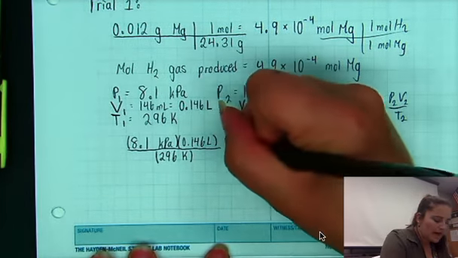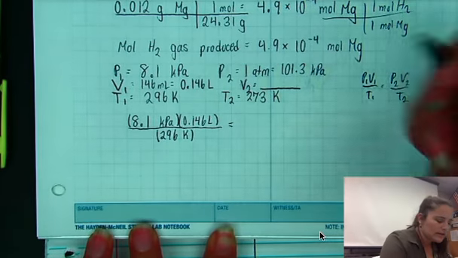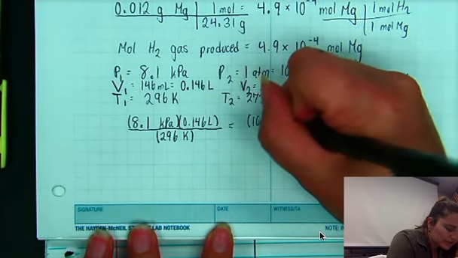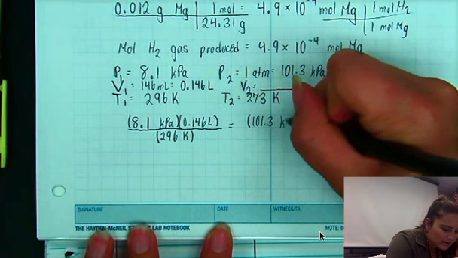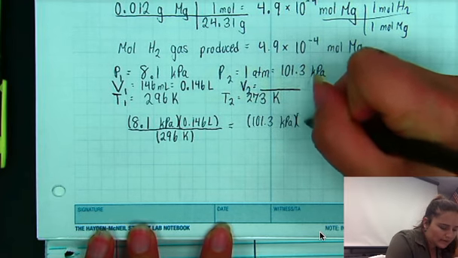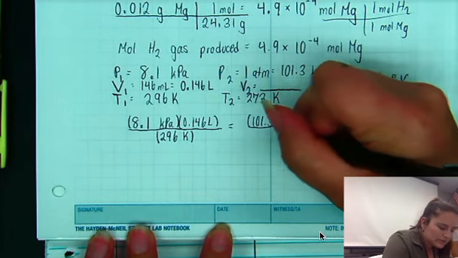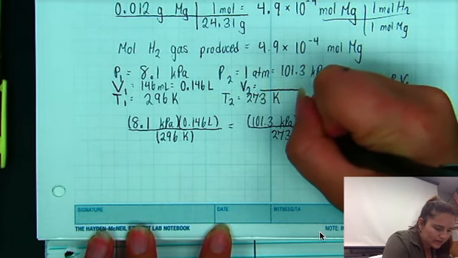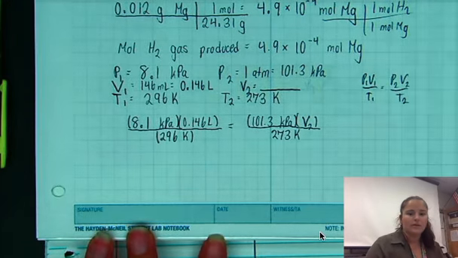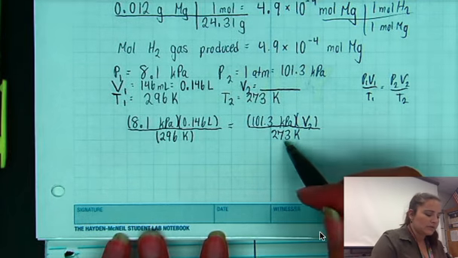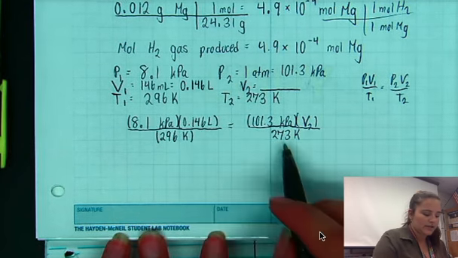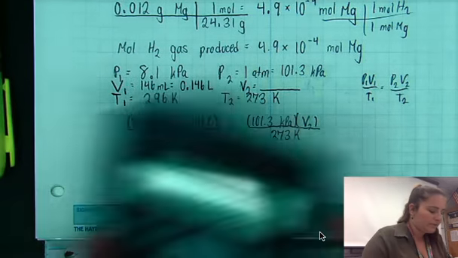That equals P2, which is 101.3 kPa, times V2, that's what I'm trying to find, times 273 Kelvin. Easiest way, I'm going to multiply this all together and then multiply it by 273.